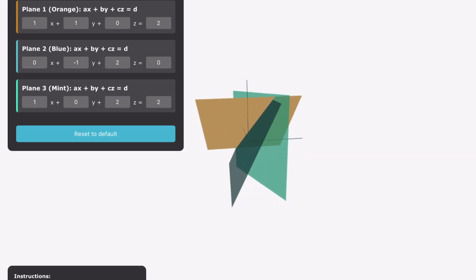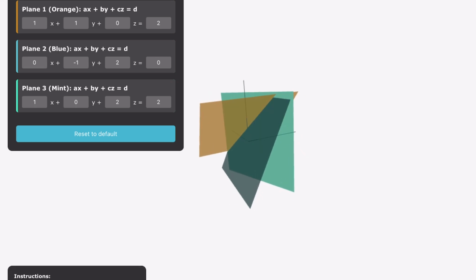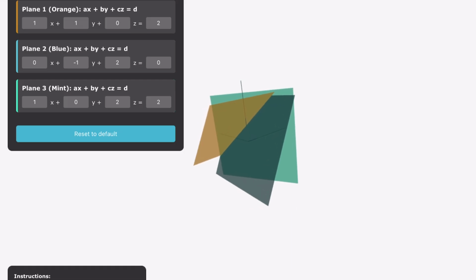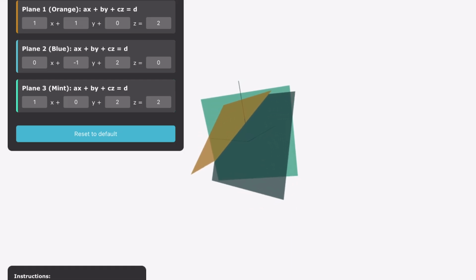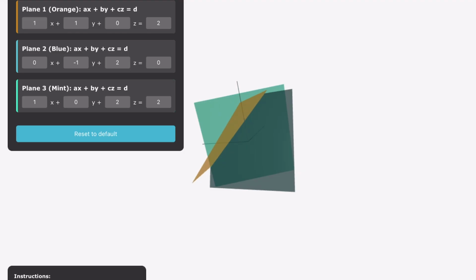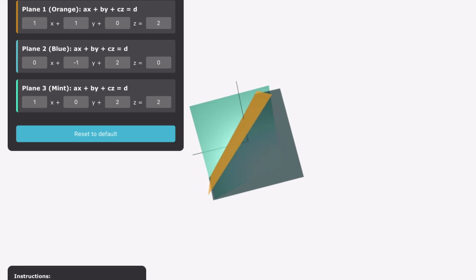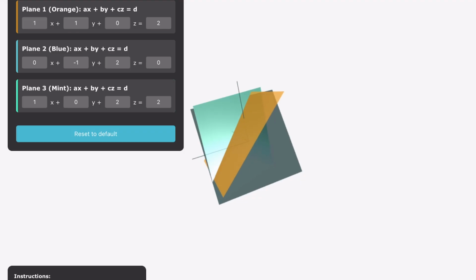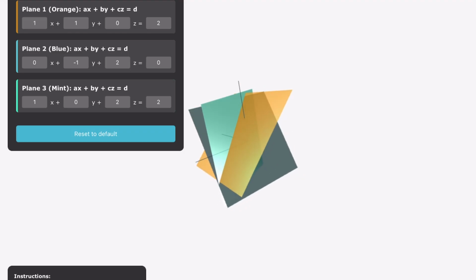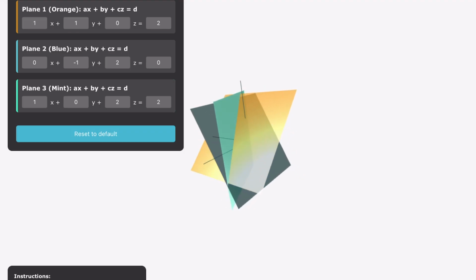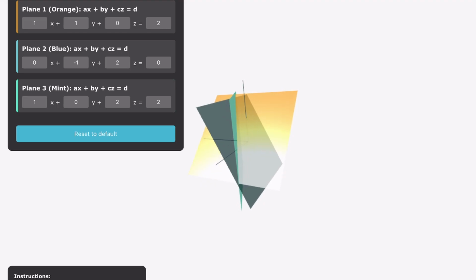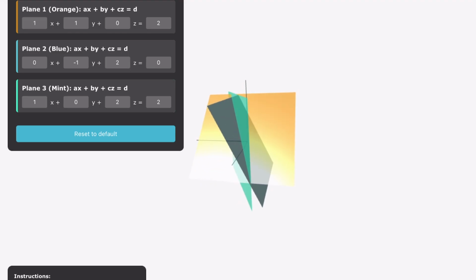Now, for an infinite number of solutions, there are several cases for which this can be true. One such case is when several of our planes cut and have an intersect of a line. This would be equivalent to the case where we have in the two-dimensional space two lines which are the same, so they have an infinite number of points in which they intersect.